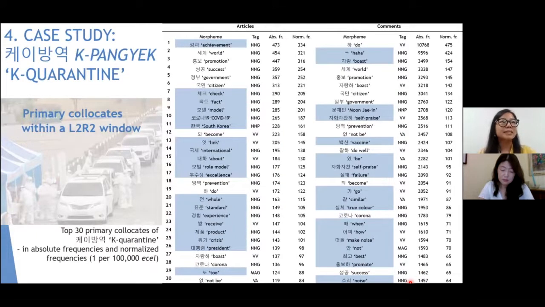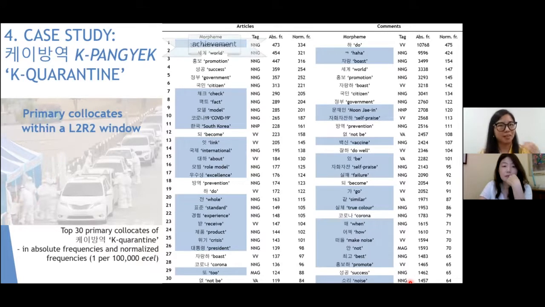So this table shows the 30 most frequent primary collocates of K-quarantine occurring within the L2R2 window. If you look at the exclusive collocates highlighted in blue, we can already see the evaluation tendency that is characteristic of each genre.